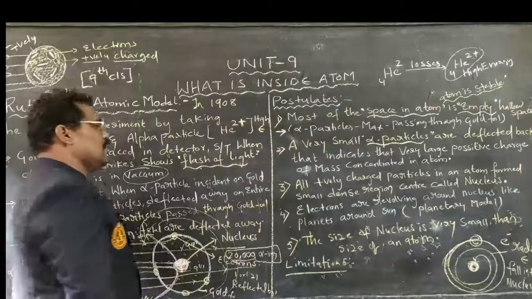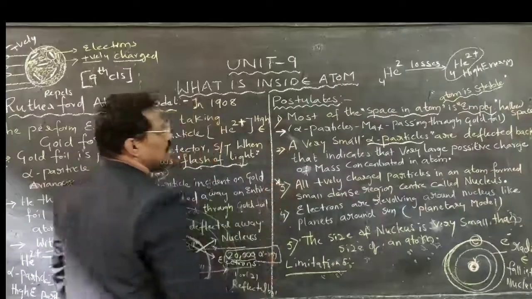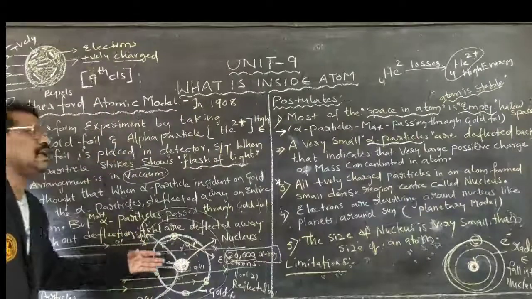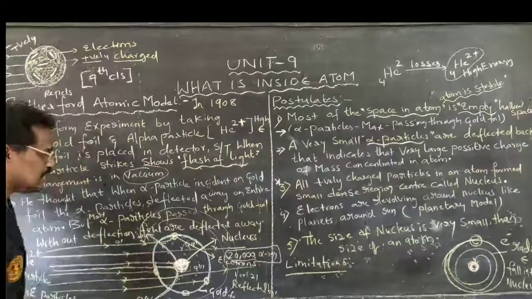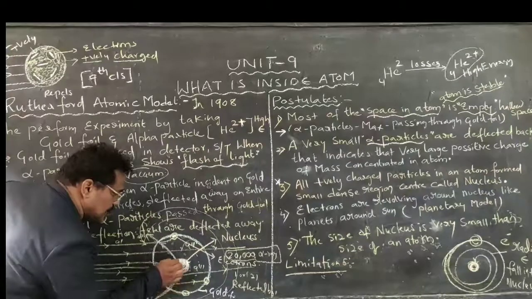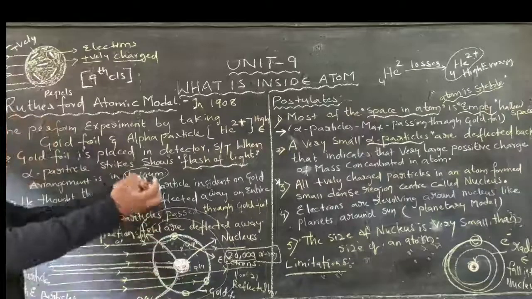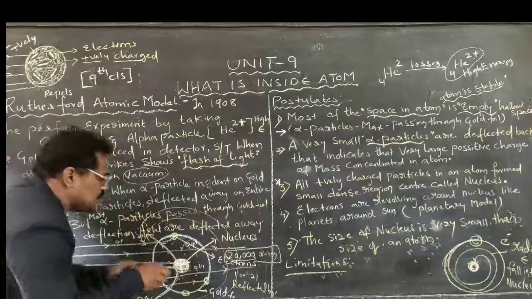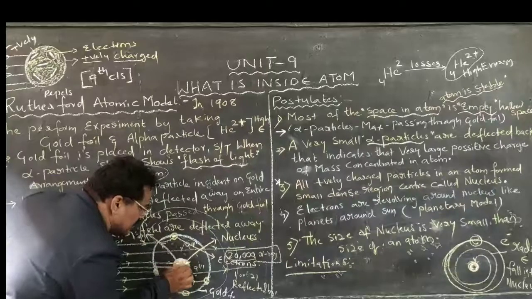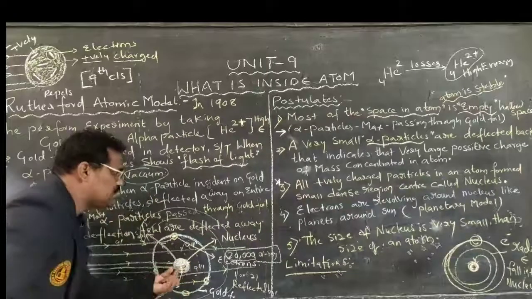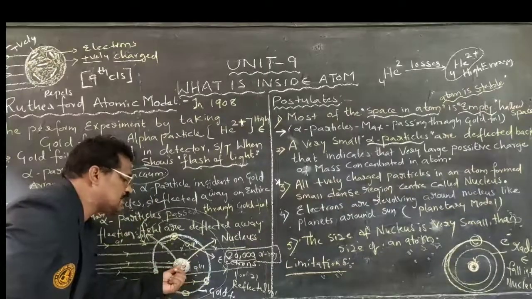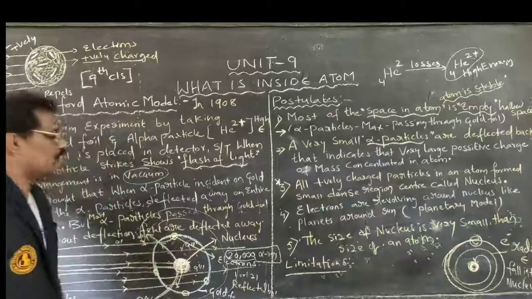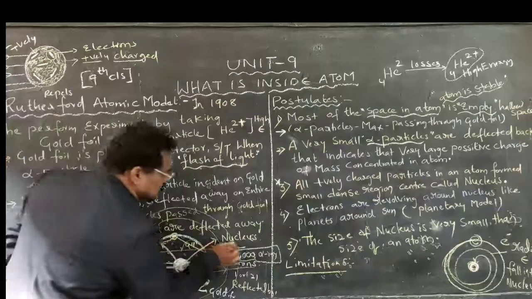That is the second point. Third point: what does this third point give? All positively charged particles within an atom form a small density region. This region, exactly at the center, is called the nucleus.